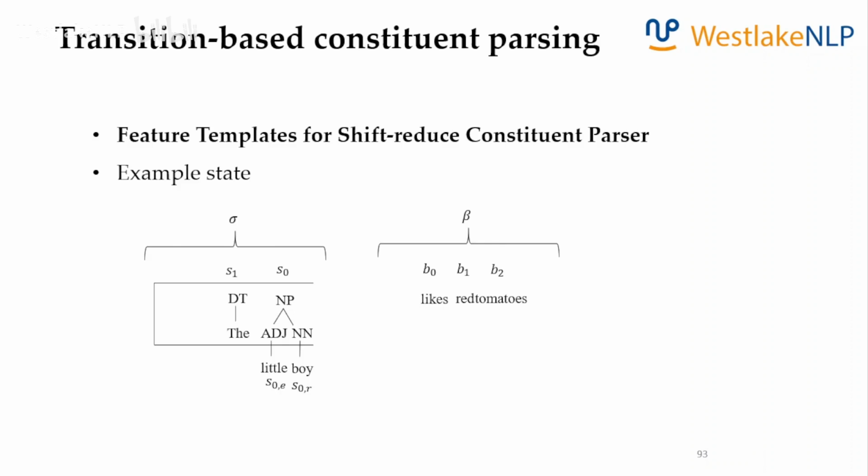So this resolves the ambiguity. After you shift the verb, you can only combine the noun phrase with the verb first, and the determiner will be dangling. It will be wrong, okay?